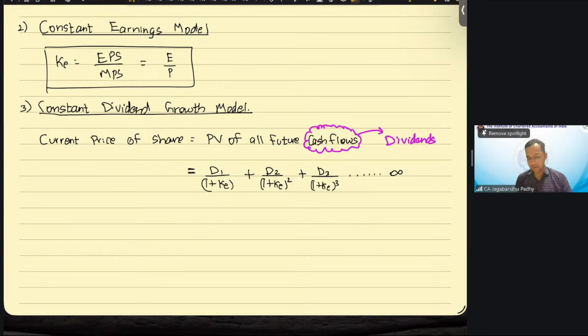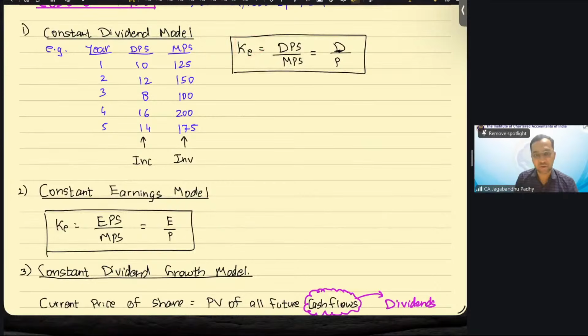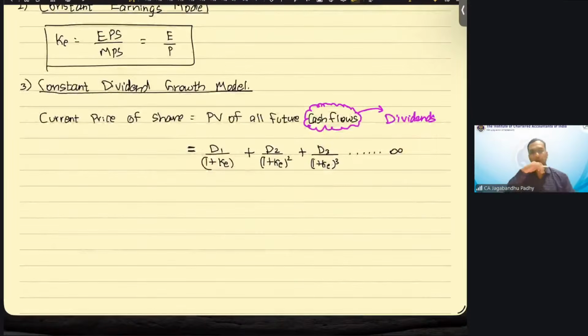If you assume that dividend is going to be constant forever, then you are actually coming to the constant dividend model formula. But obviously, do you expect the dividend of a company to be the same forever? Do you expect companies to give the same 1 rupee dividend since last 50 years?